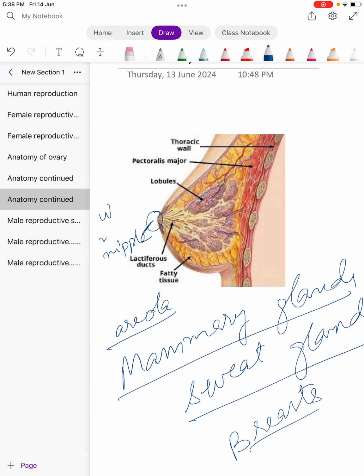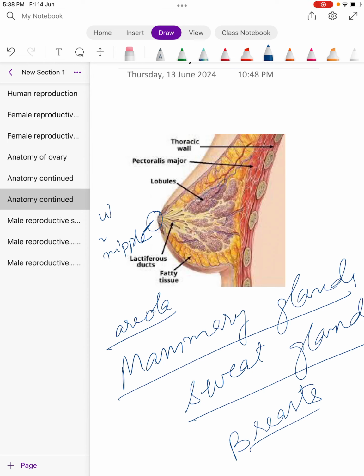Internally, each breast has 15 to 20 glandular or the mammary lobes embedded in the fatty tissue and the connective tissue. Each lobe contains a large number of multicellular alveoli, and the cells of the alveoli secrete the milk, which is stored in the lumen of the alveoli.